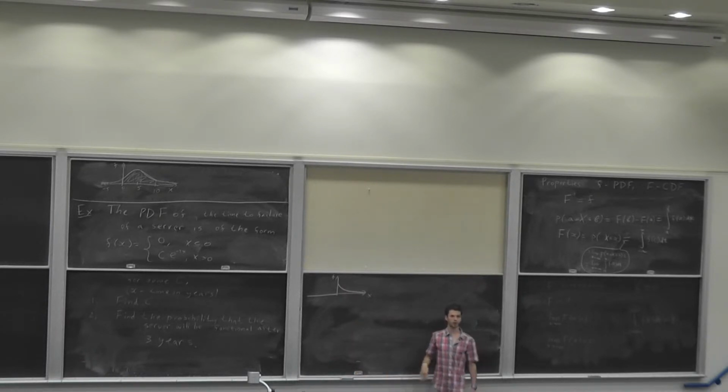So you see that most of the probability is concentrated somewhere in the beginning. So the server is more likely to fail right away than after you wait for a long time, which is reasonable. Well, that's the density function. Okay, so how do we find this constant C? Let's answer the first question.